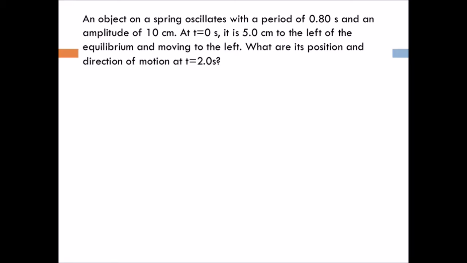We know that the period, which is capital T, is 0.8 seconds. The amplitude, A, is 10 centimeters, and we can convert this to 0.1 meters. At t equal to 0, my initial position is 5 centimeters to the left.